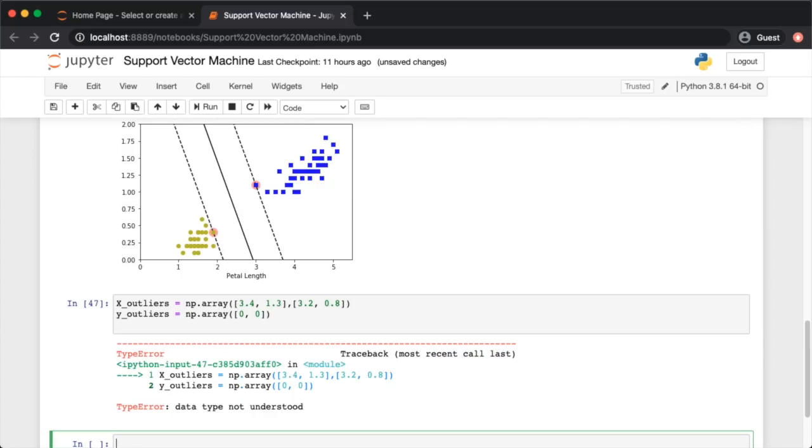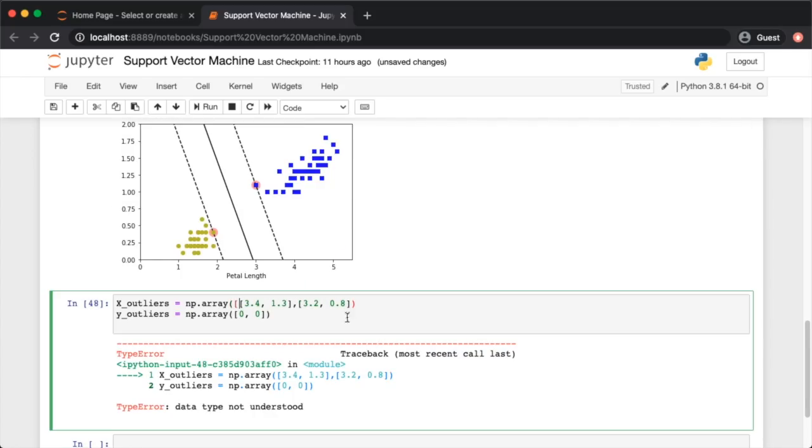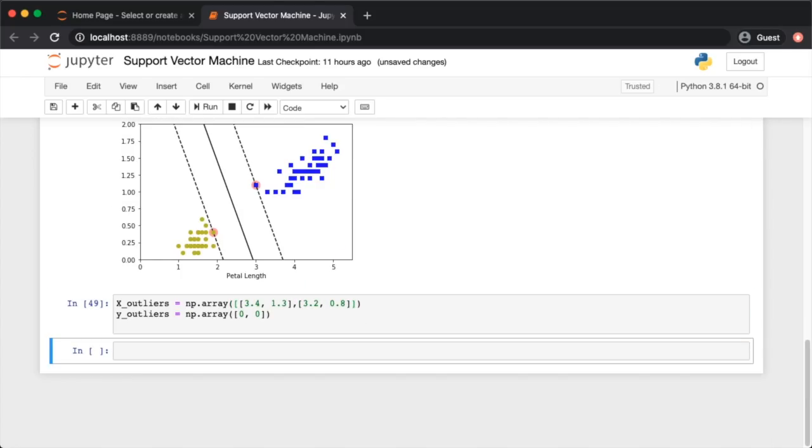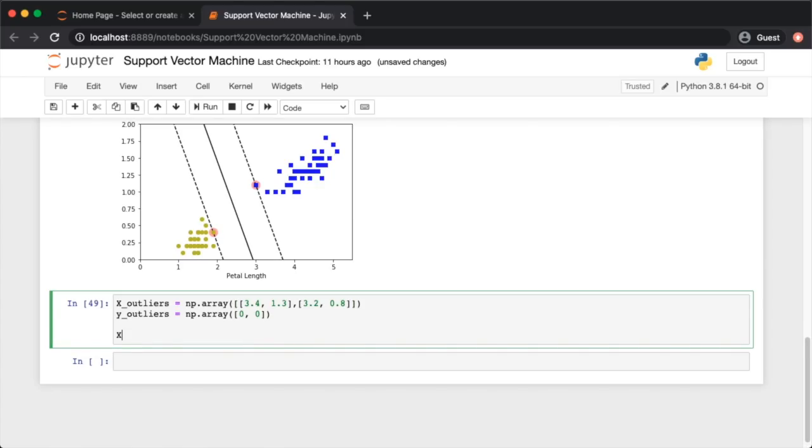Don't forget the double brackets in the first one because it's a matrix. Now, X01 is the data set containing the first outlier. So we're going to concatenate this outlier on top of my original data set.